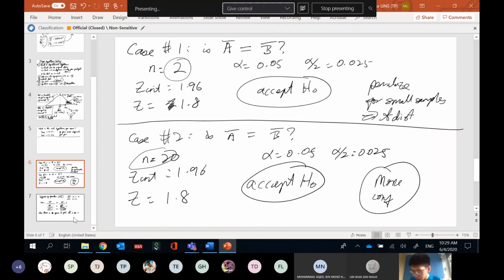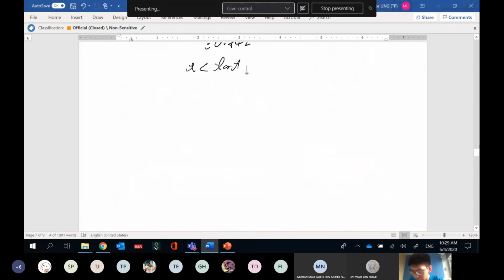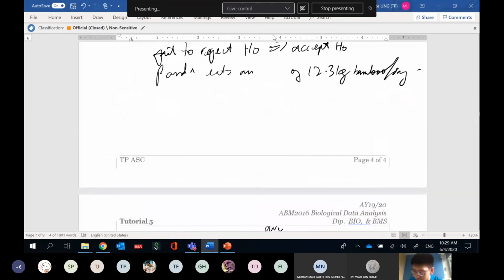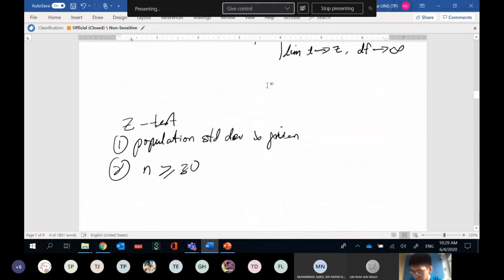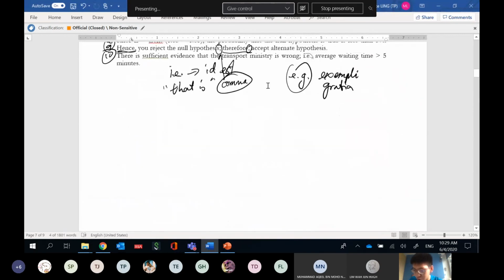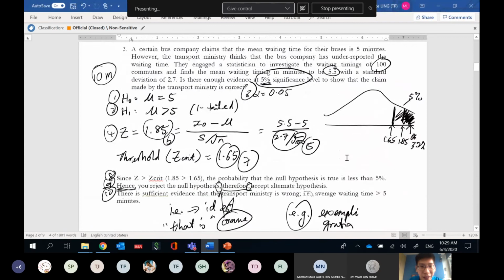Sir, may I ask, with regard to question 3 of the tutorial, under the conclusion part, where we have to conclude that there is sufficient evidence at the 5% level of significance that the transport ministry is correct.